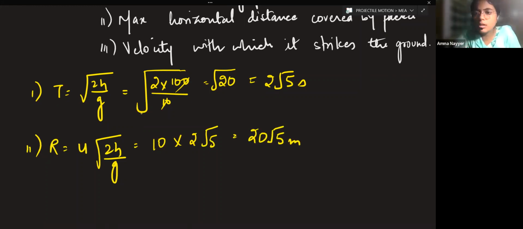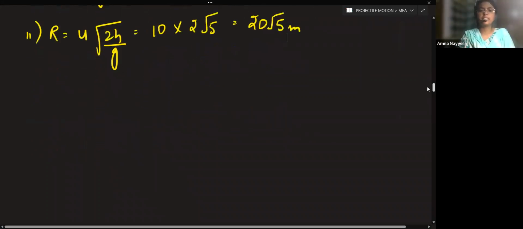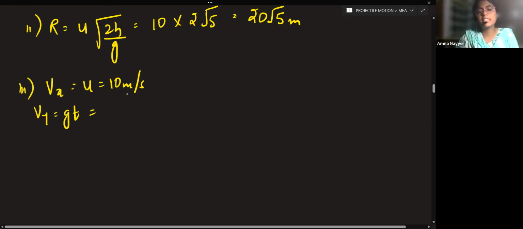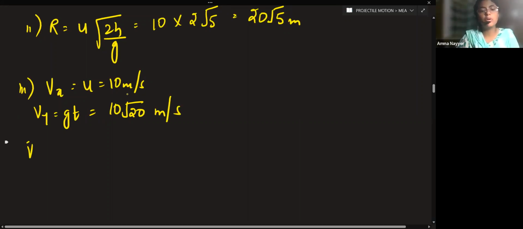Fine. Velocity with which it strikes the ground. See, Vx will be equal to u, that is 10 meter per second. And Vy will be equal to gt. The acceleration due to gravity is 10, and time of flight we had calculated as under root 20. So this is your Vy. Net velocity will be Vx vector plus Vy vector.